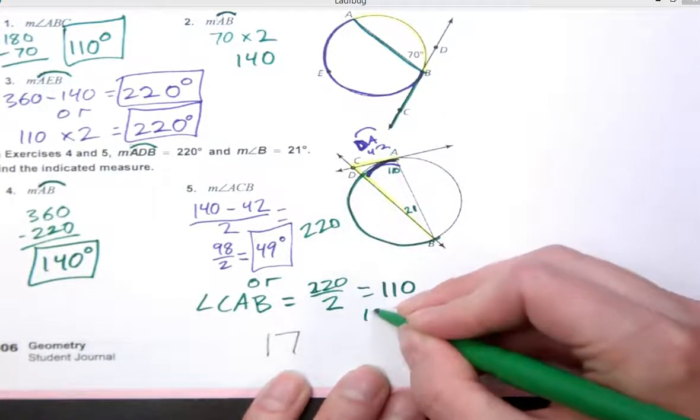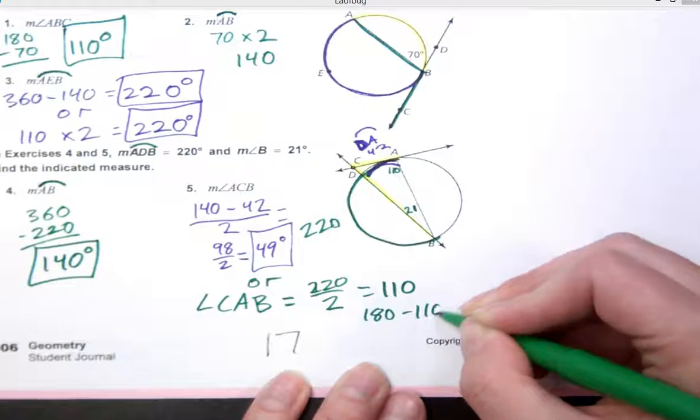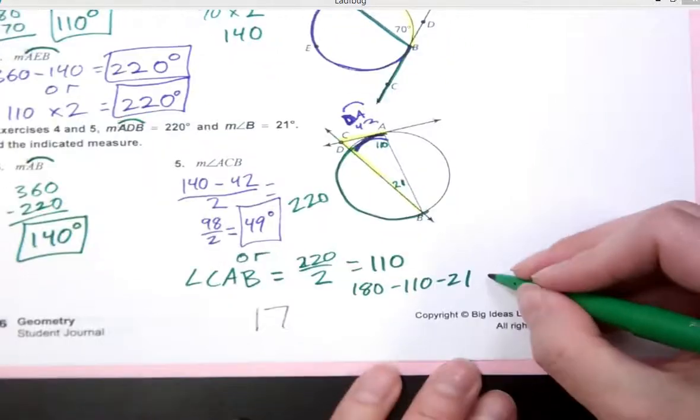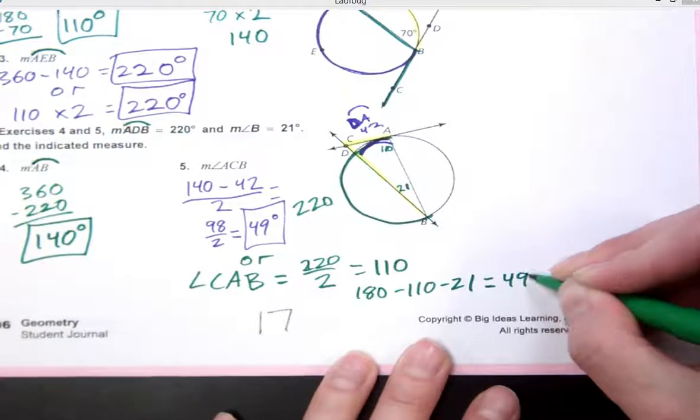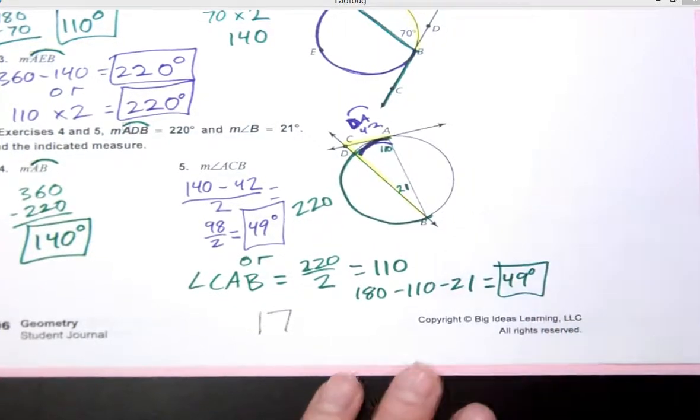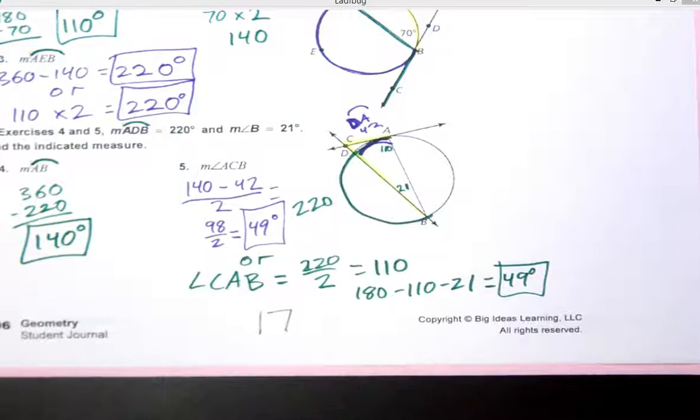And then we have 180 minus 110 minus 21, which also comes out to 49. So see how we can do it either way. Either way is better. It's just which way you find to do it. So once you have that, flip over to our next page, which is our last page of notes for today.